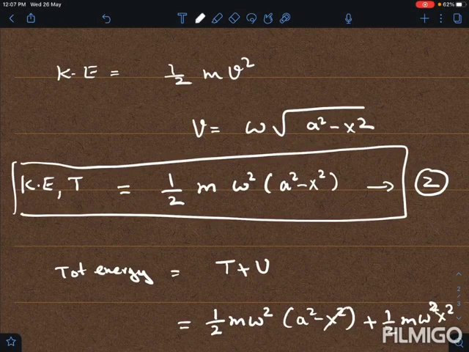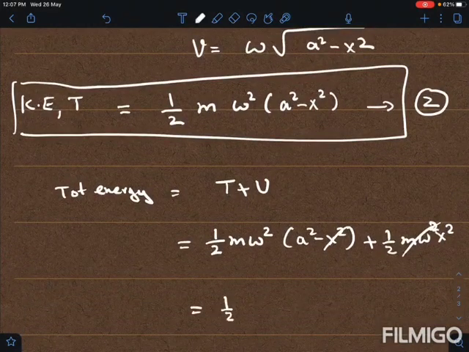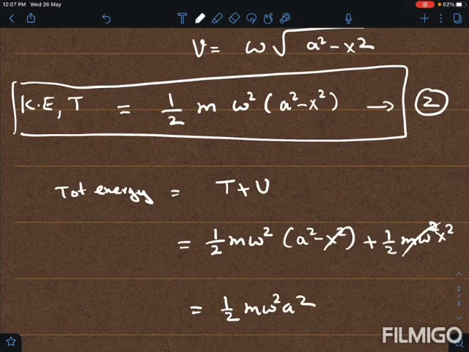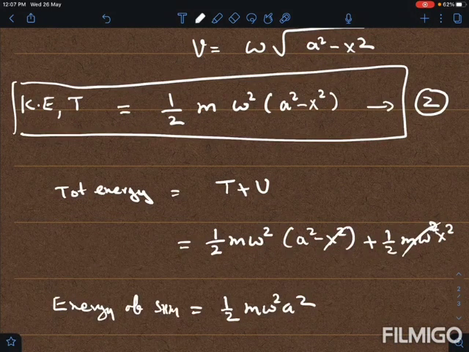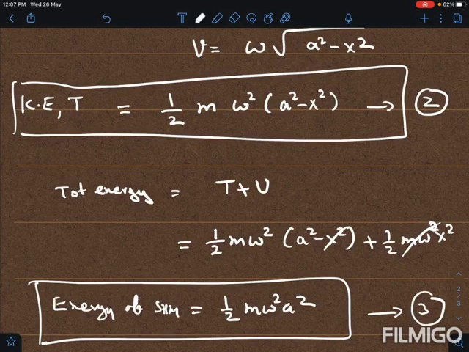So this term gets cancelled and you end with half m omega square A square. So total energy is a constant. This is the energy of the particle in simple harmonic motion.